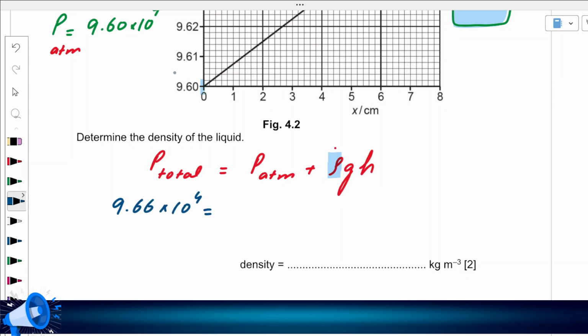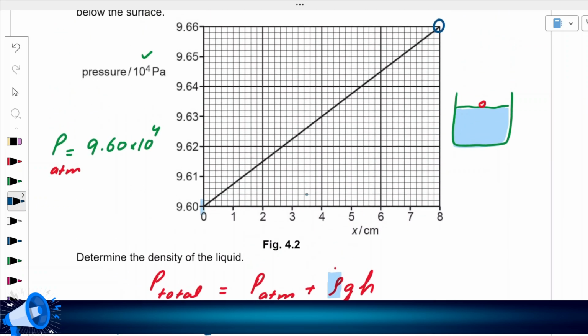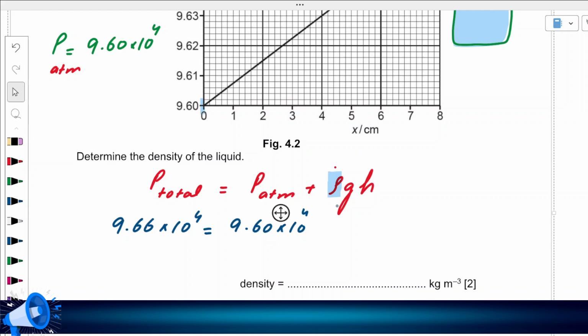What was the atmospheric pressure? 9.60 times 10 raised to power 4. So basically the point where the depth is 0 gives you the value of the atmospheric pressure. Okay, what do we have afterwards?